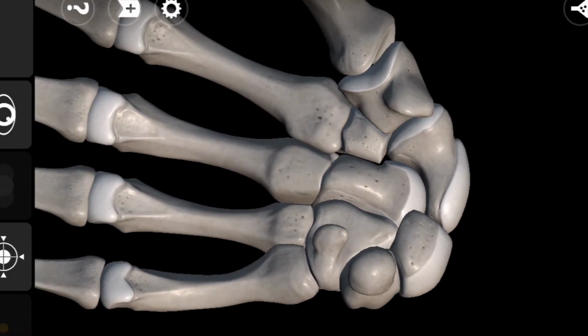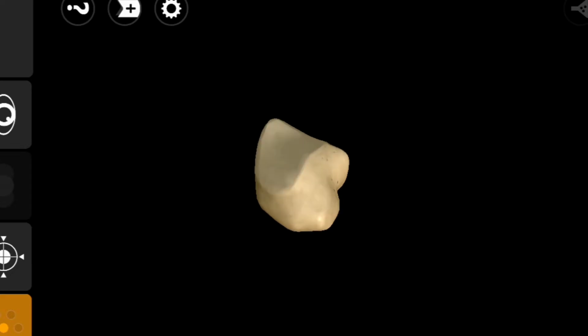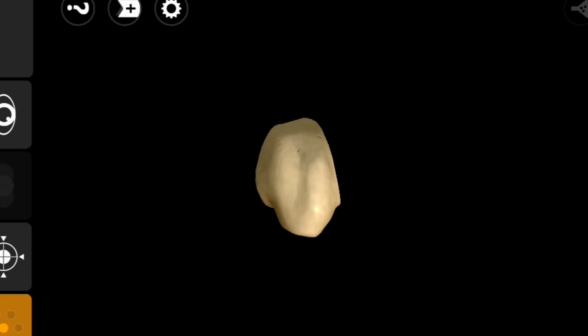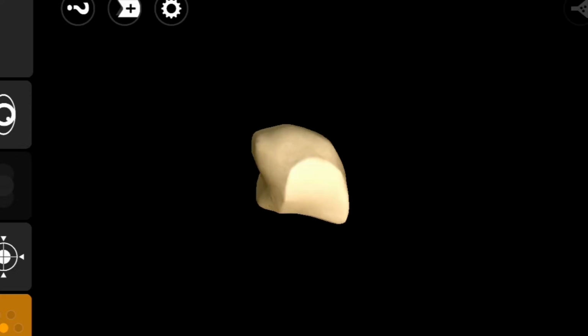Now we will see the third bone of the proximal row, the triquetrum. This is the triquetrum. This is also a very small bone. It is on the medial side.